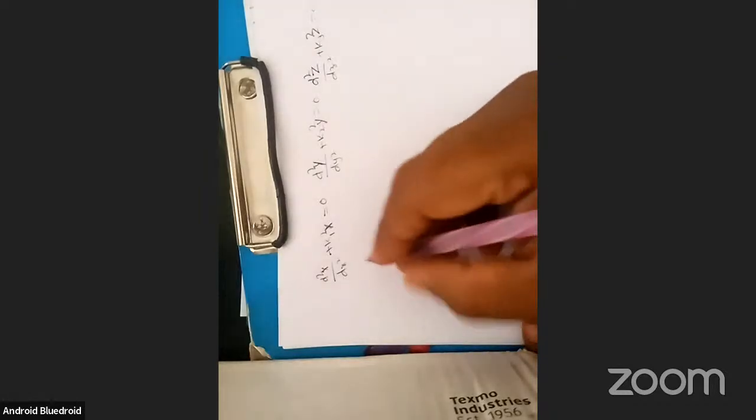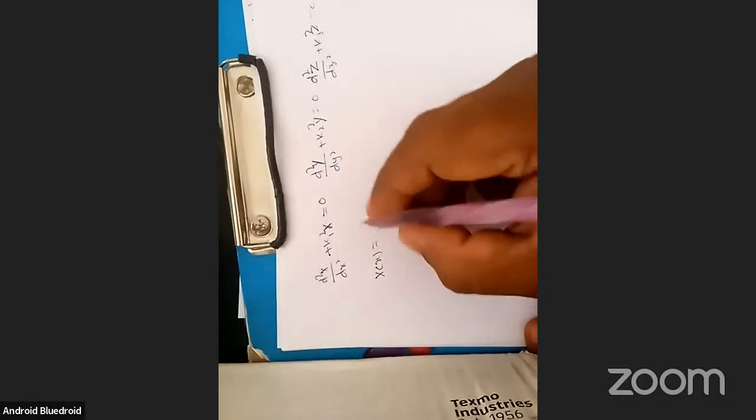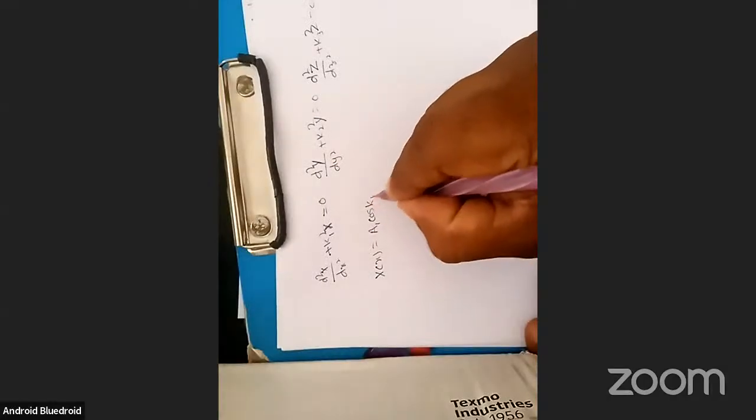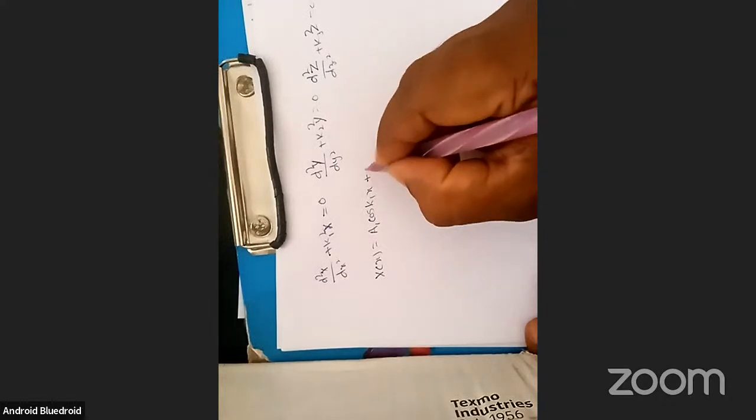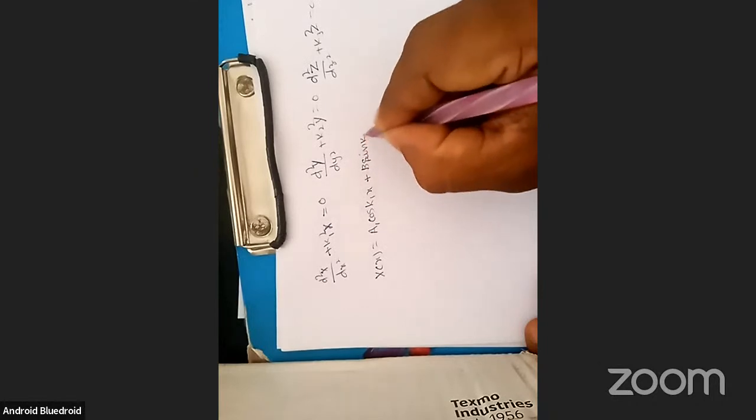The solutions are: the actual value X of x is equal to A1 cos K1x plus B1 sin K1x. Next, Y of y and Z of z are also the same.